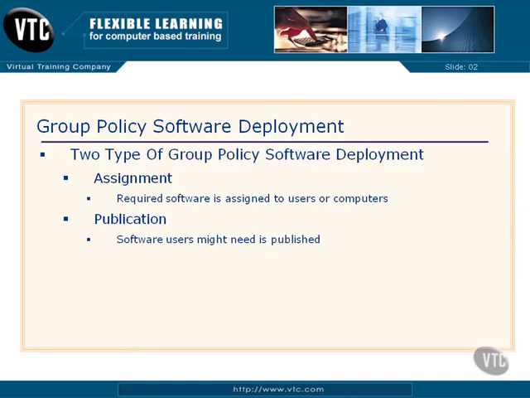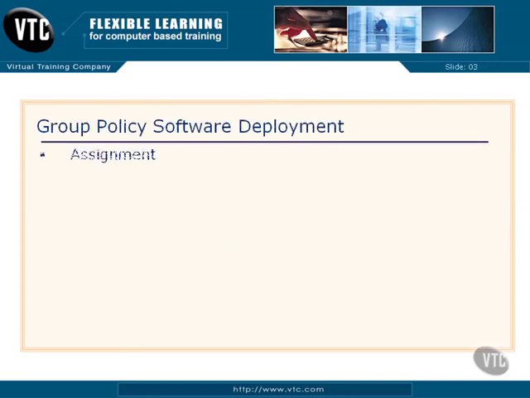And this will require just a bit of training with your users, because let's kind of step through the scenario. With assignment, and the main thing you need to be ready for on the exam is you need to be aware of the difference between assignment and publication when you're deploying software with group policy. So here we go. Assignment.